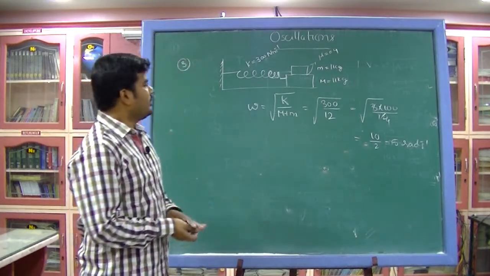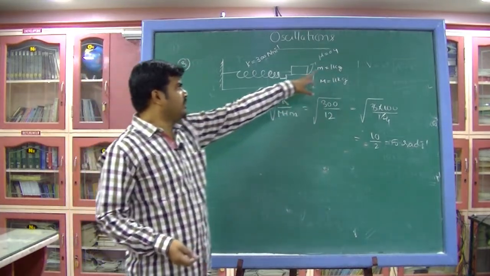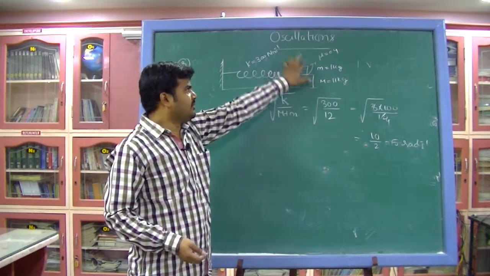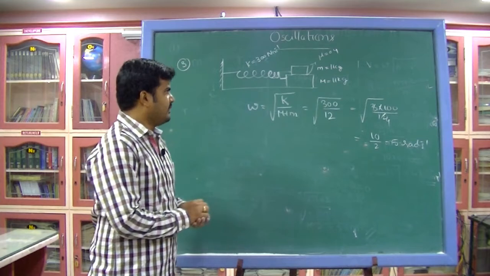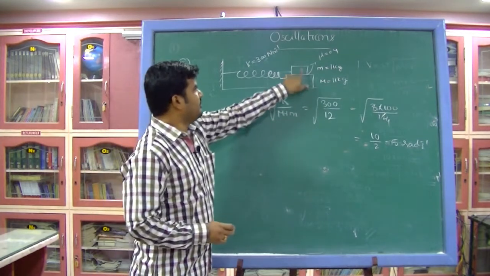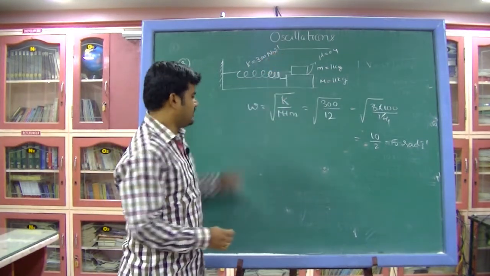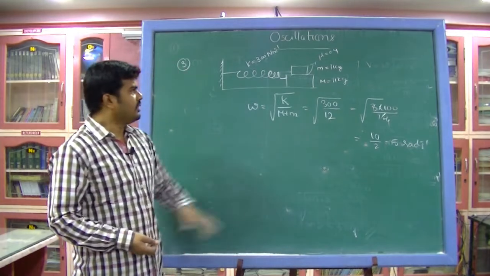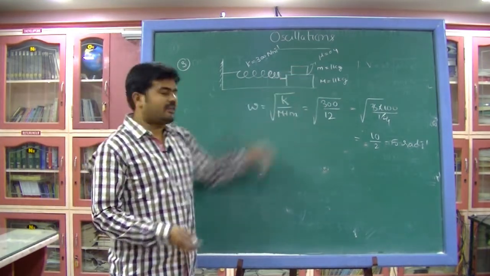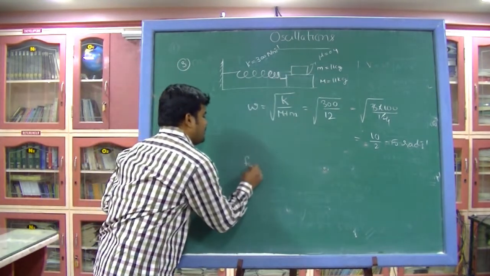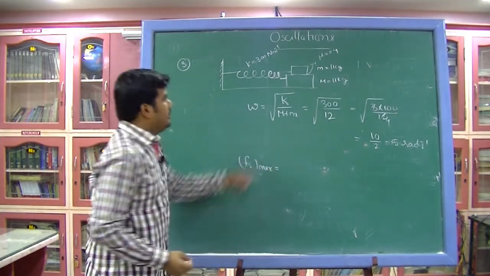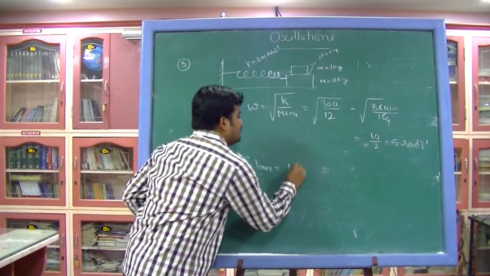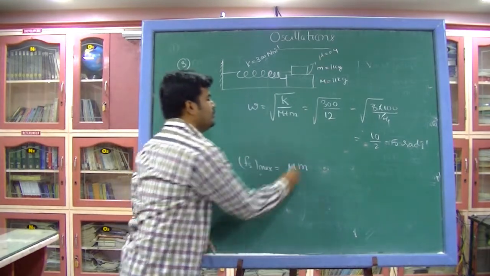Now, the question is for what maximum amplitude of the oscillations of the system the blocks will not slip on one another. So, for that, the friction force between the two blocks, that is the maximum friction force, the limiting friction, Fs maximum, is equal to mu into small m into g.